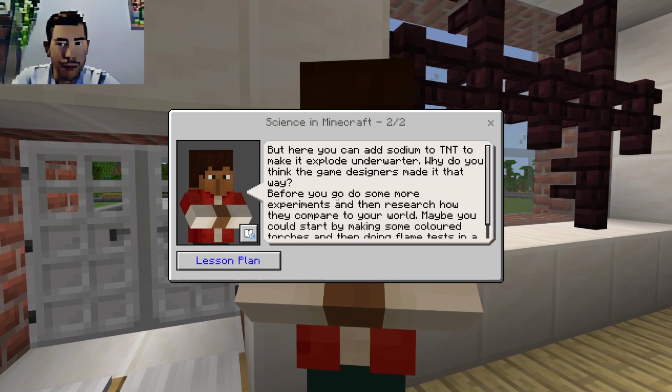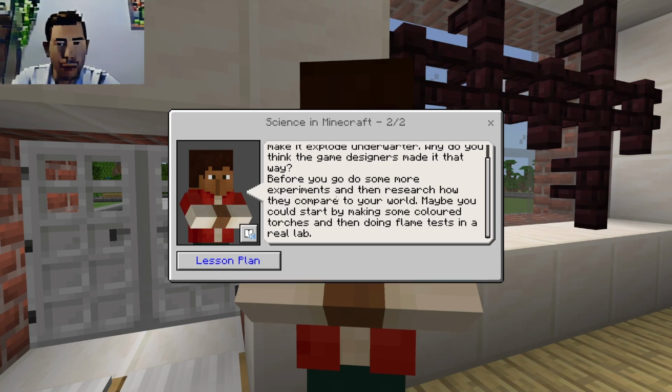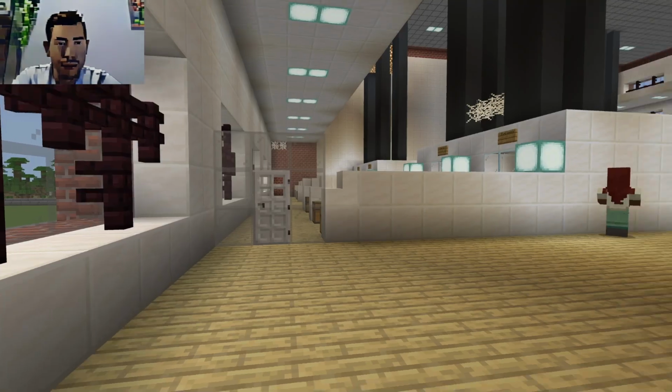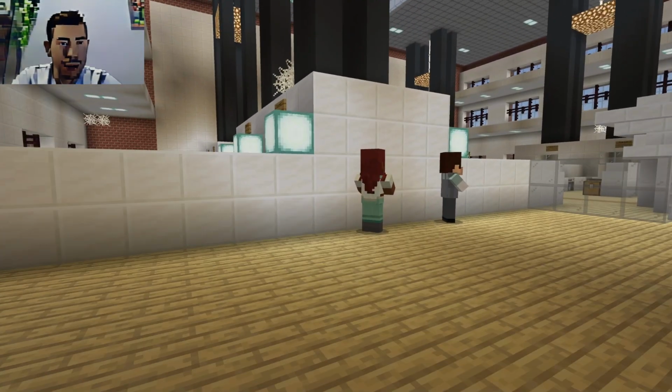But here you can add sodium to TNT to make it explode underwater. Why do you think the game designers made it that way? Before you go, do some more experiments and then research how they compare to your world. Maybe you can start by making some colored torches and then doing a flame test in the real lab. Okay.